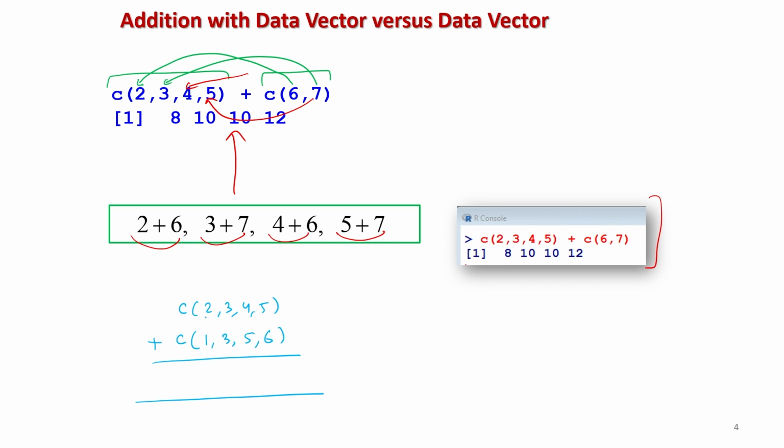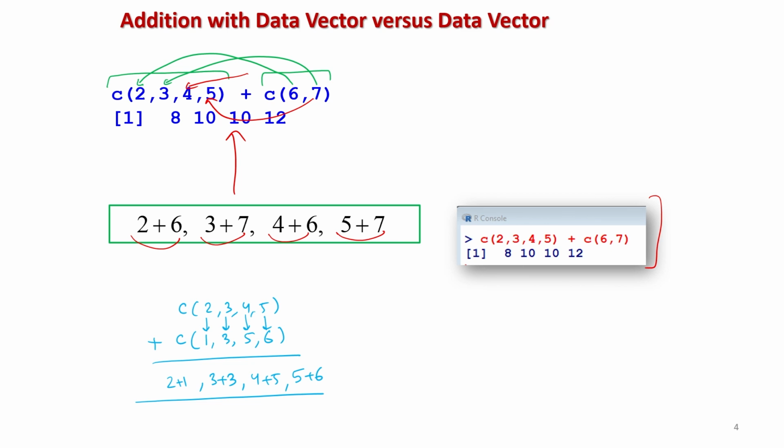The first elements of the first and second data vectors are added, and the answer is 2 plus 1, 3. Then the second elements are added, 3 plus 3, which is 6. Then the numbers at the third place, 4 and 5, are added together, and the answer is 9. And finally the numbers at the fourth place are added together, with the answer as 5 plus 6.